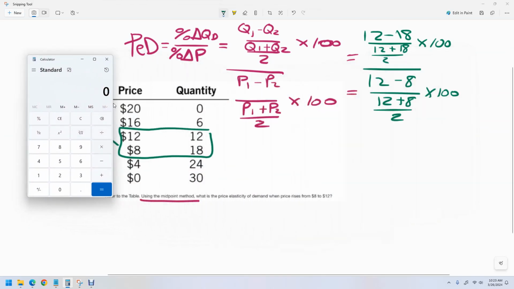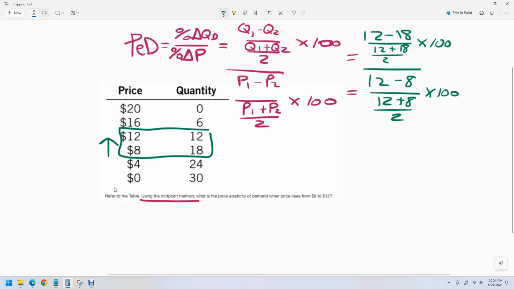Even though I know what the answer is, it's good to do this. So it's 12 minus 18, which is -6. -6 over 15. It's 0.4. 0.4 times 100. So that is a negative 40%. Okay, that's the percent change in quantity.